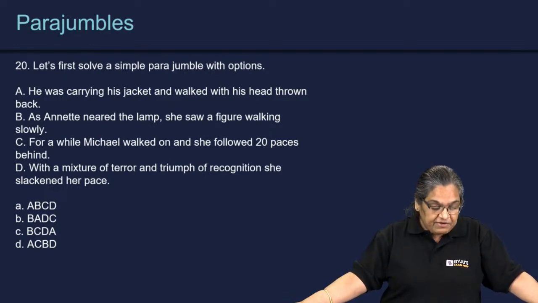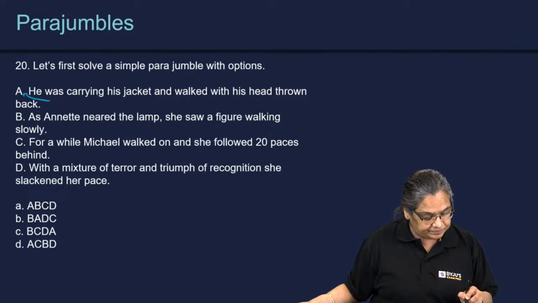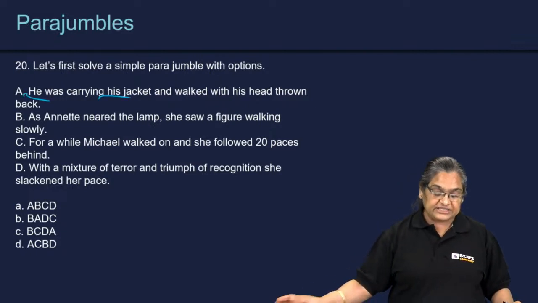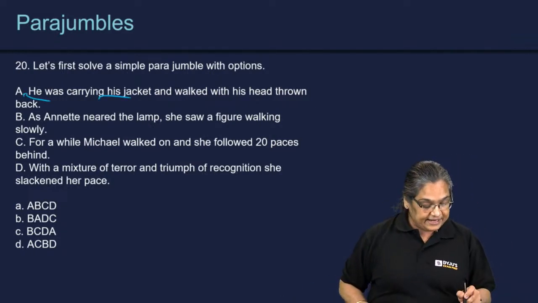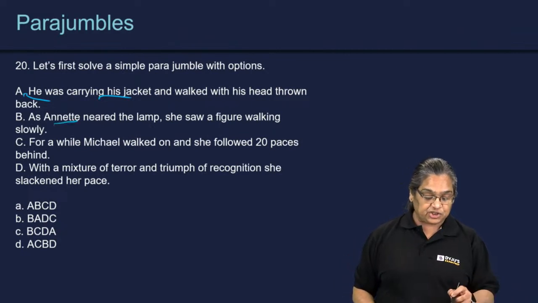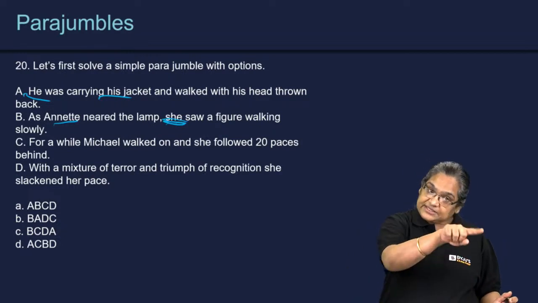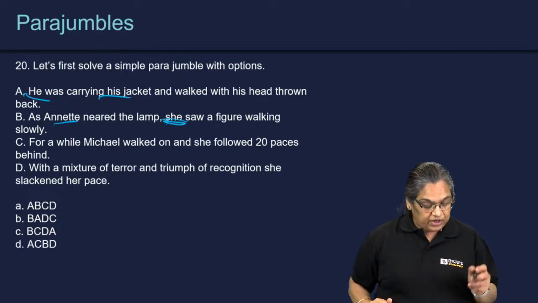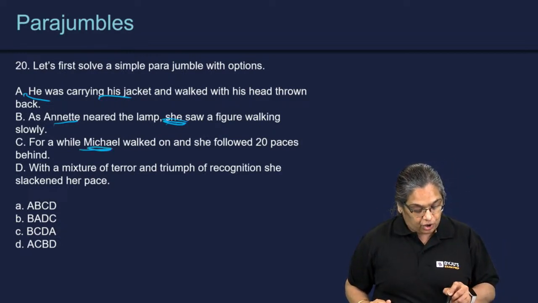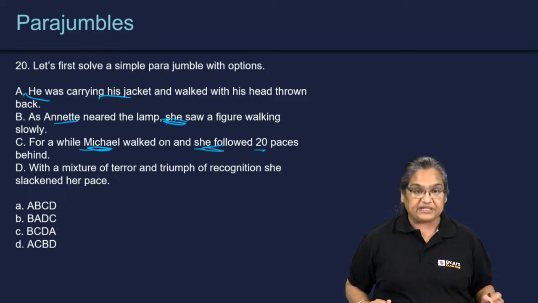Let's read. He was carrying his jacket and walked with his head thrown back. As Annette neared the lamp, she saw a figure walking slowly. We can assume that he is that figure, but for a while, Michael walked on and she followed 20 paces behind.